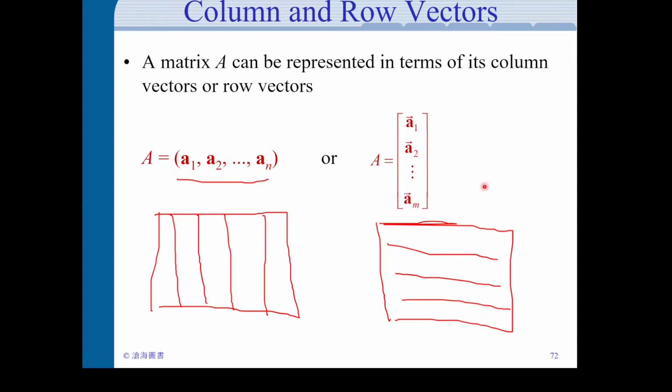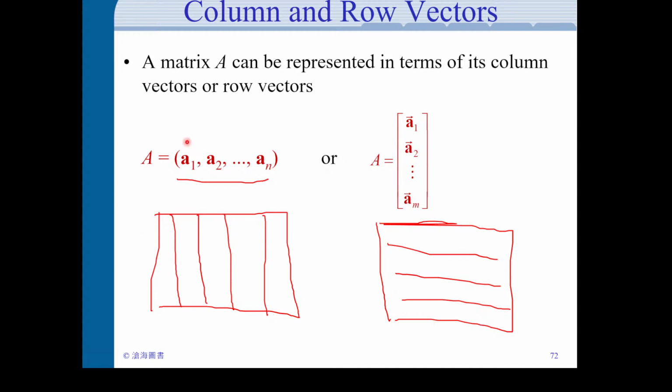We can also think of A as a collection of row vectors. So we'll have the first row here, the second row here, and the mth row here. This is some notation that you should keep familiar with because we'll use it quite a bit later on.